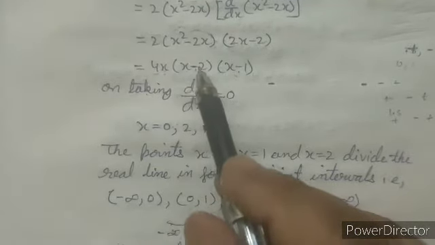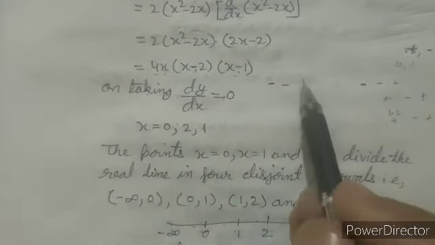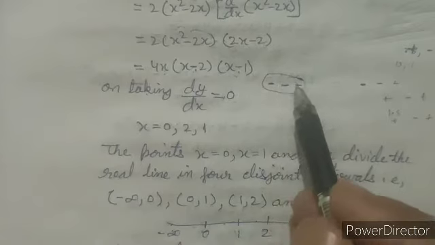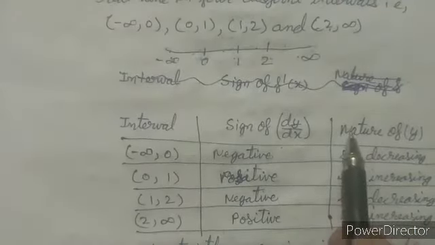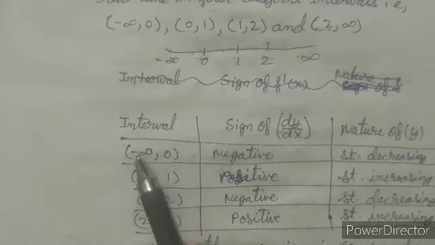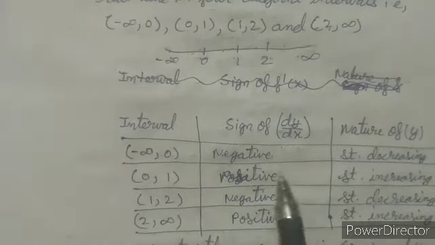Here x minus 2, minus 1 minus 2 will be again negative, and minus 1 will be negative, and negative into negative will be negative.